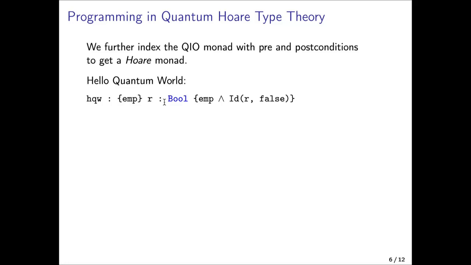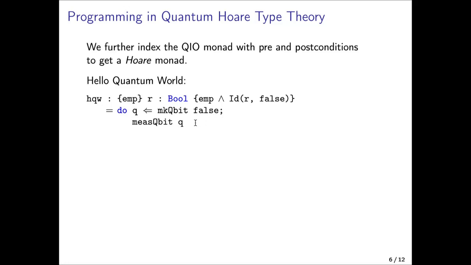It returns a result of type Boolean, and the postcondition is: empty and id of r and false. Id means identity, and we are saying that when this function returns, the value r will be equal to false.